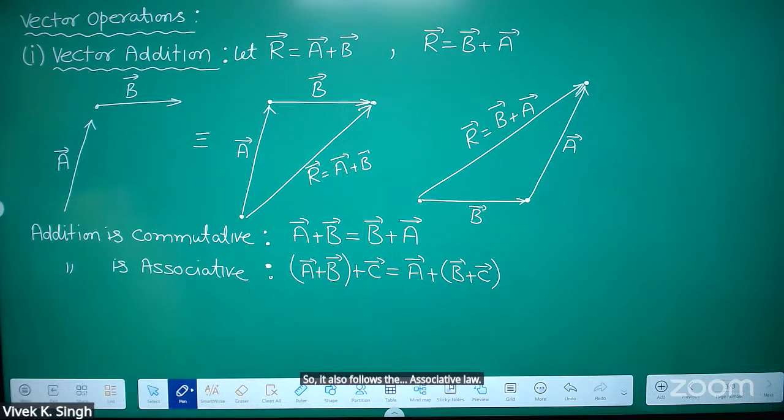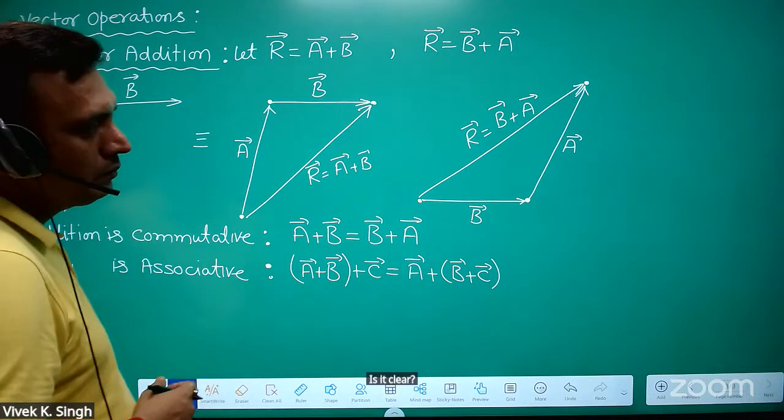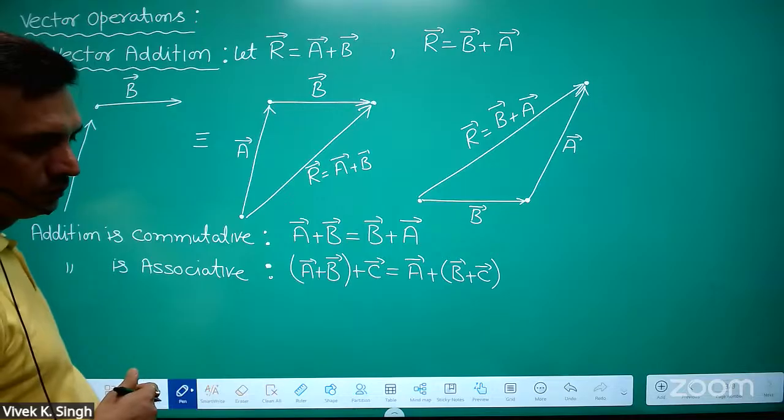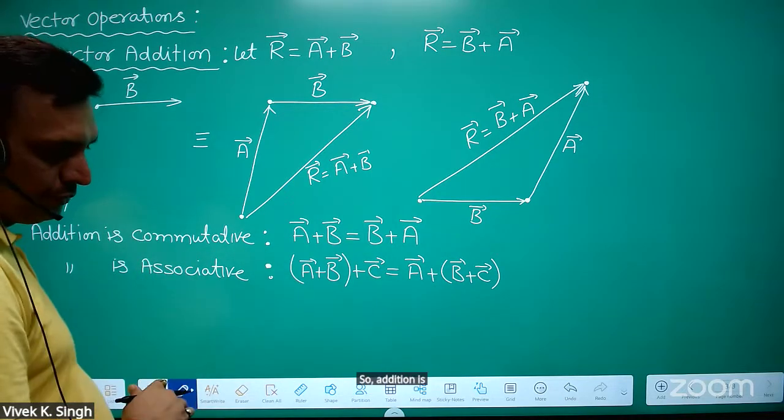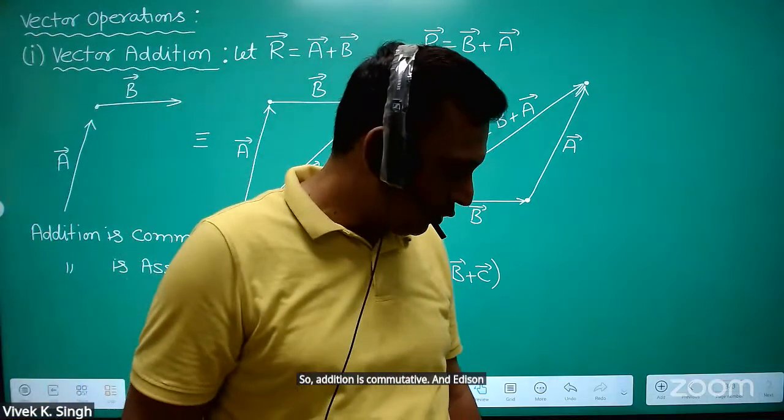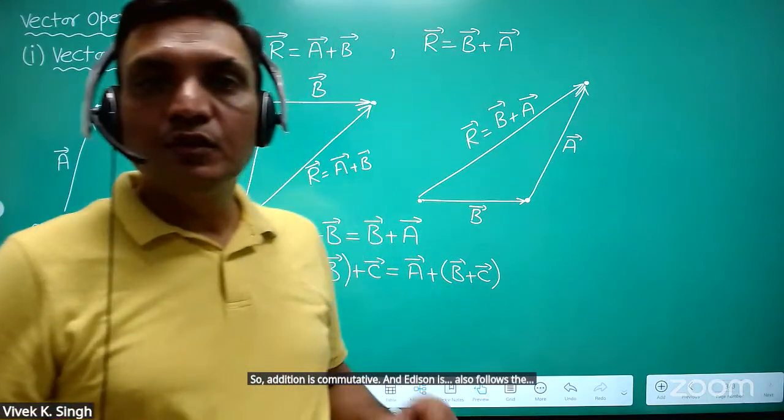Is it clear? So addition is commutative and addition also follows the associative law. Clear?